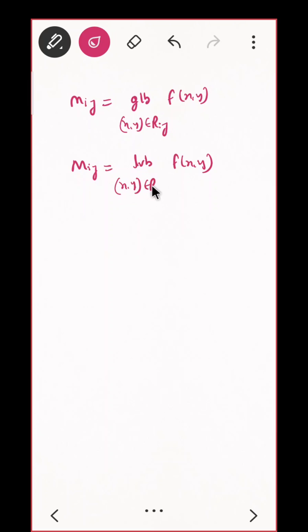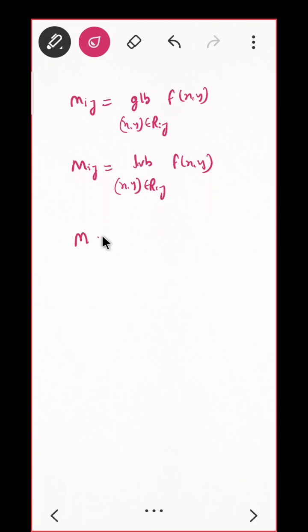Yes, correct. GLB of function f of x,y in which interval? x comma y belong to Rij. Yes, Rij. What is capital Mij? That is LUB of the function in which interval? Same, x,y belong to Rij. What is next?